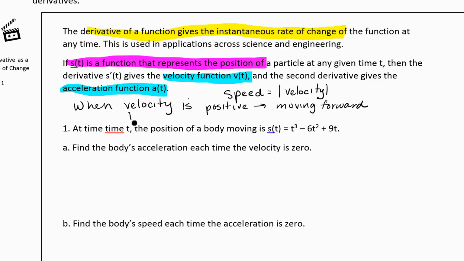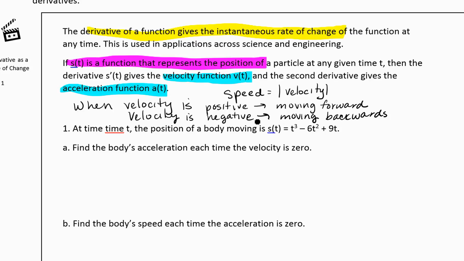And when velocity is negative, you're moving backwards. If you took the absolute value of that, it would tell you how fast you're moving backwards.